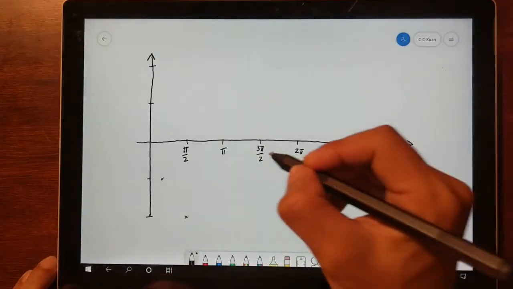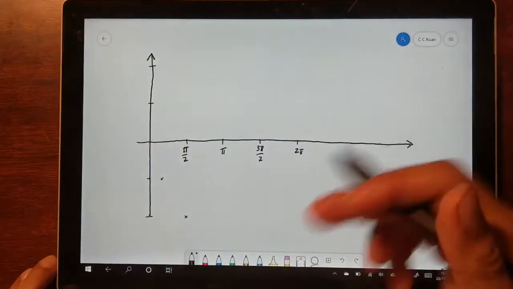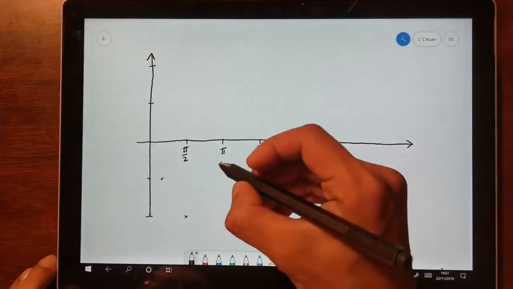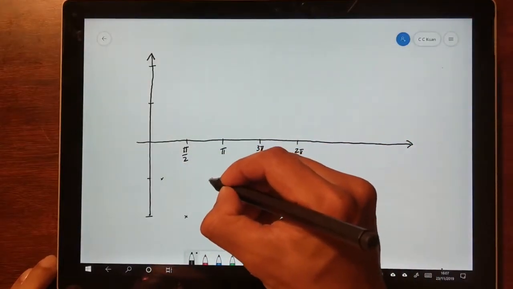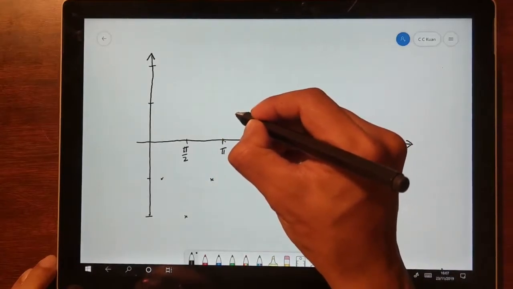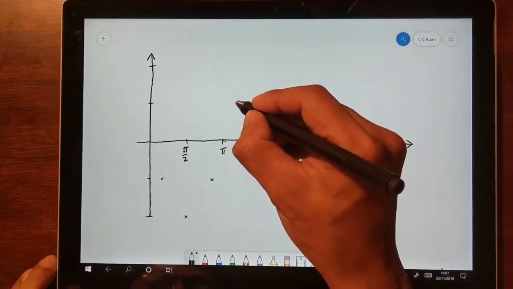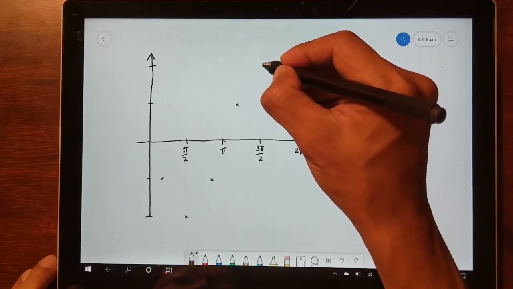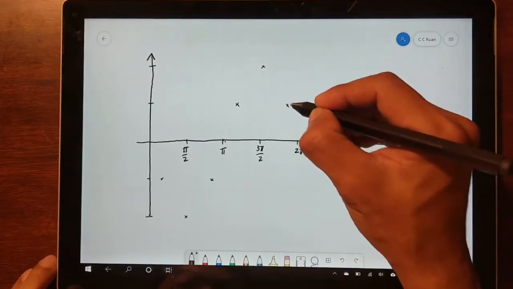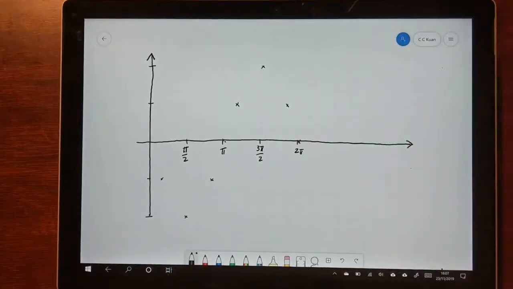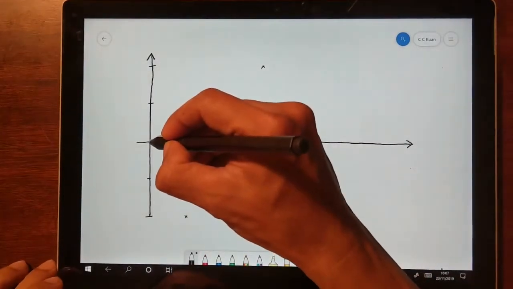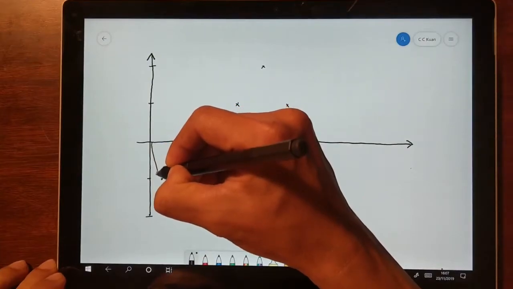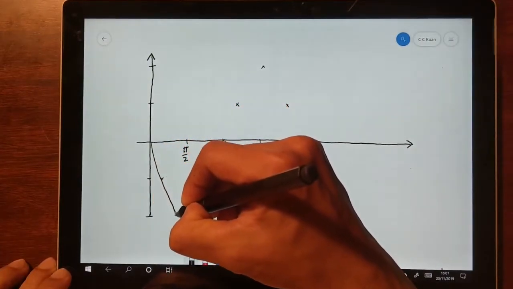At 90 degrees, we know it's 1, but because we're sketching a negative sine, we just flip the sine curve. So we just join the dots, basically. We've got that at 3 pi over 2. So now we join that with your steadiest possible hand.